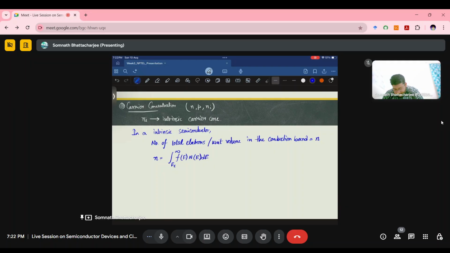It comes out to be Nc e to the power of minus Ec minus Ef divided by kT. So the carrier concentration for electrons in the conduction band is this.